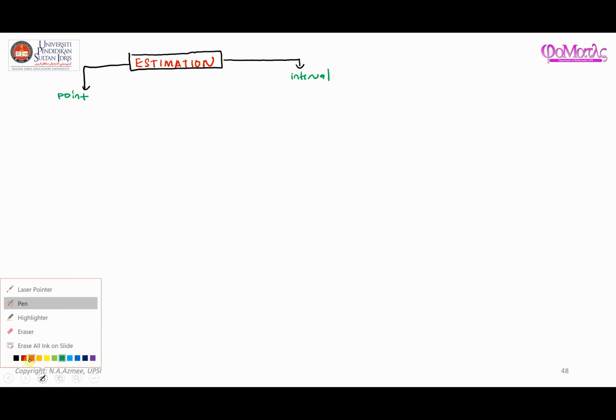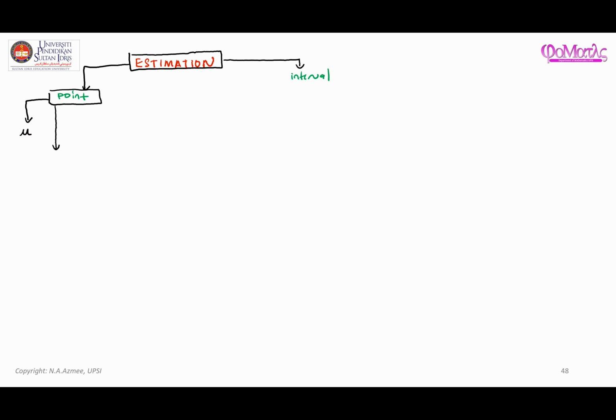Right, so for point estimation here, there are a few examples that we have discussed. For example, what is the point estimation for mu? What is the point estimation for p, which is the proportion? What is the point estimation for variance?